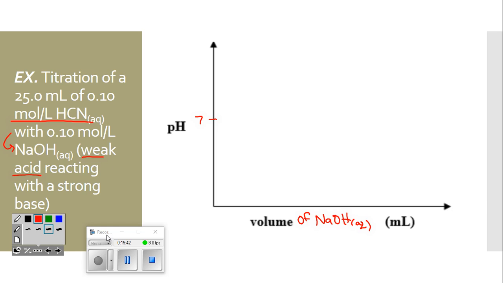So I'm starting out with something that's a weak acid. Do you think a weak acid has as low of a pH as a strong acid? No, it doesn't. That was one of our descriptions of a weak acid. The pH isn't as low. So I might start my line a little bit higher than I would have otherwise.